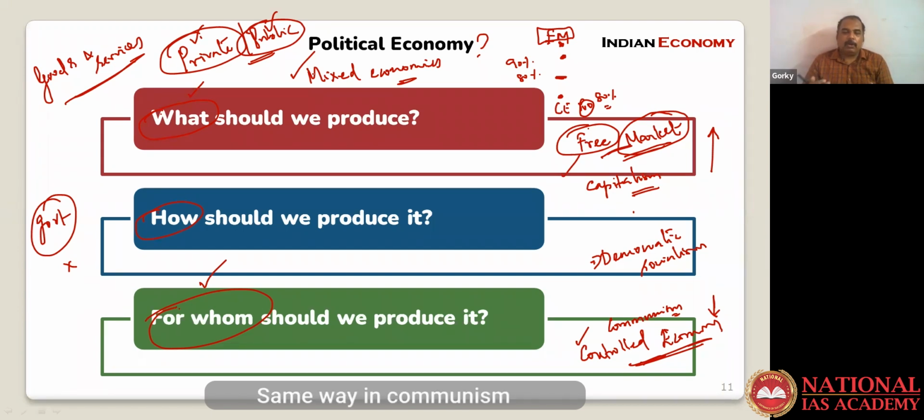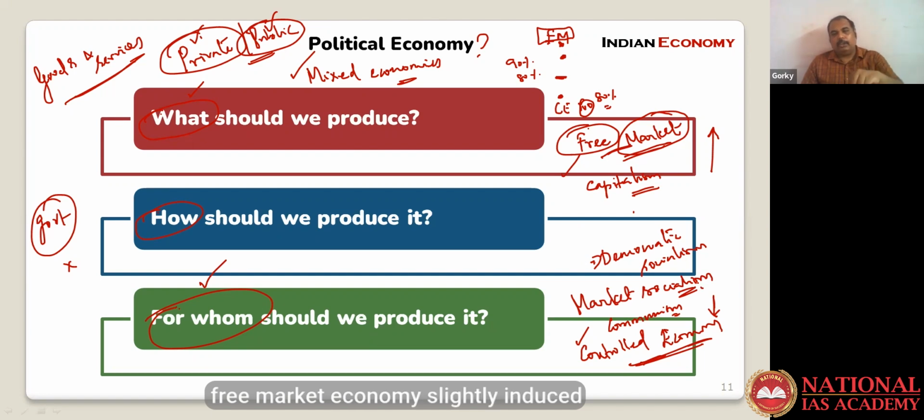Same way, communism doesn't exist, so for socialism, we call it market socialism. There is a term called market socialism. What is market socialism? It is the one where we have the free market economy slightly induced into a socialistic pattern of economy.